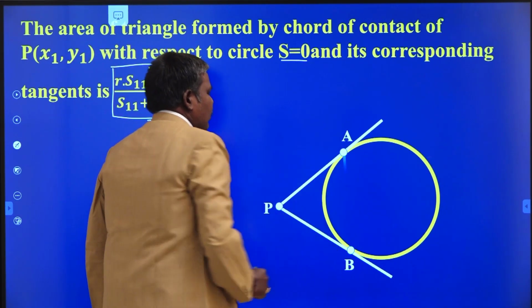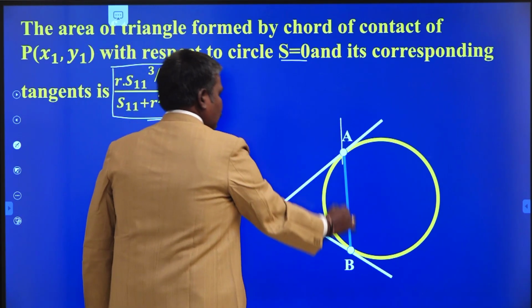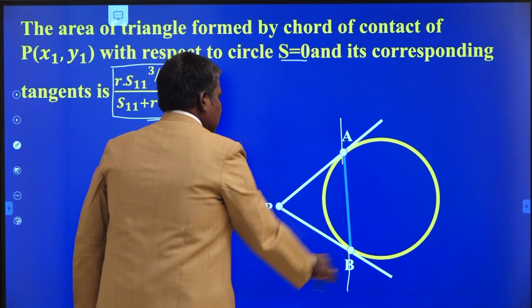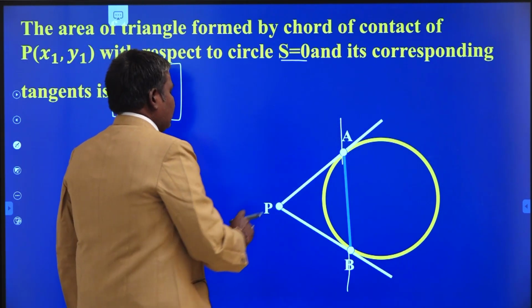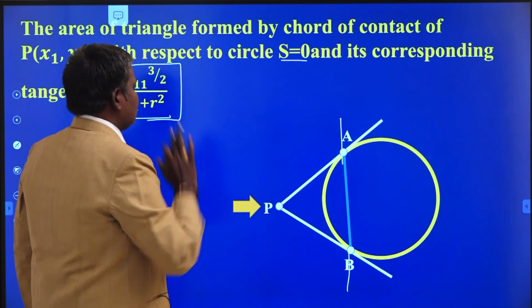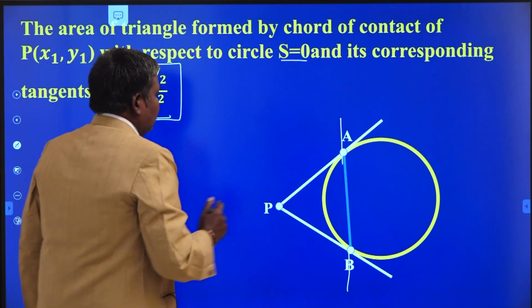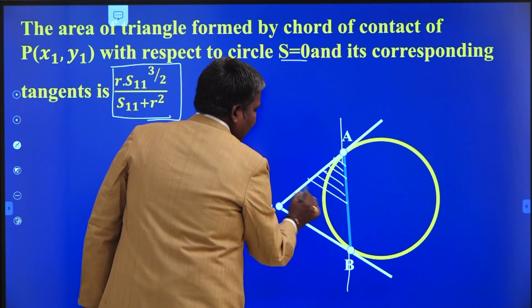The secant line through A and B is your chord of contact. You may extend this one also. We have to find out the area of the triangle formed by the chord of contact and corresponding tangents. Okay, this is the diagram. So, you are going to find out the area of this triangle.